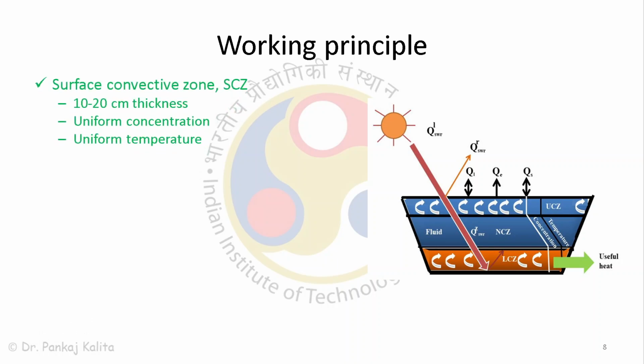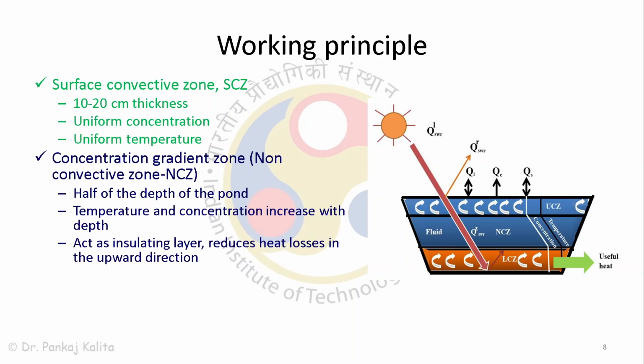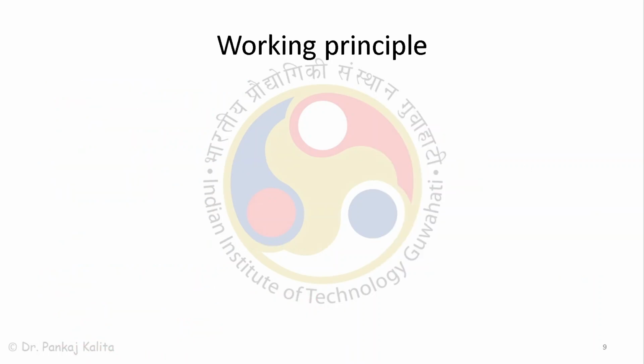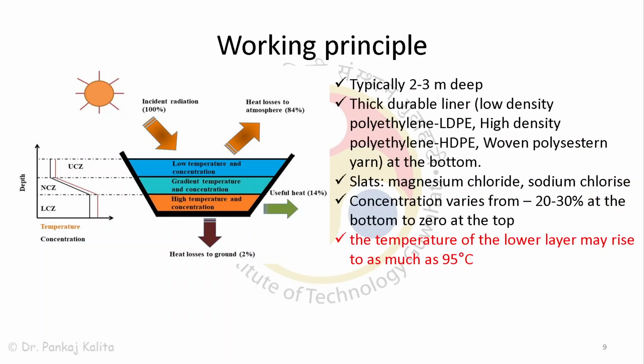There are basically three zones: the surface convective zone, SCZ, of 10 to 20 centimeter thickness; then the concentration gradient zone, half of the depth of the pond; and then the lower convective zone. Useful heat is only 14%, heat loss is 2%, and 84% is heat loss to the atmosphere.